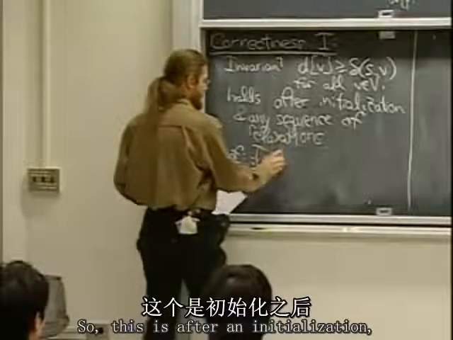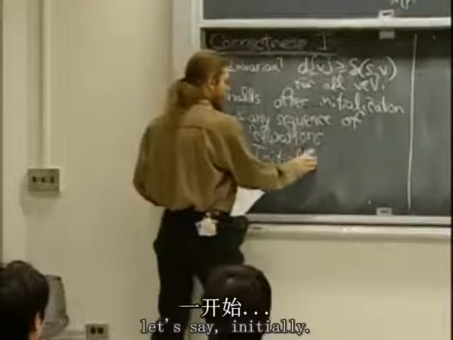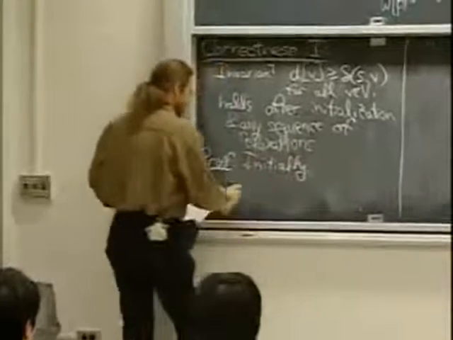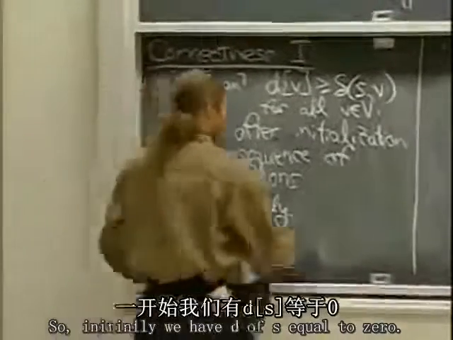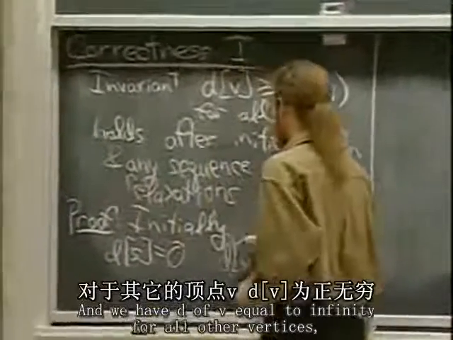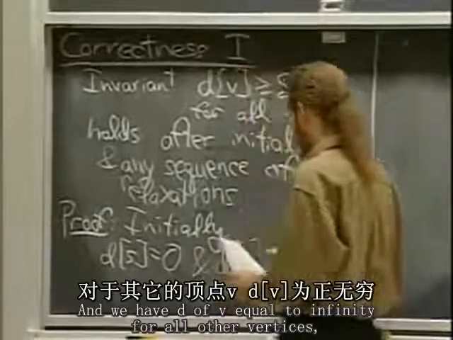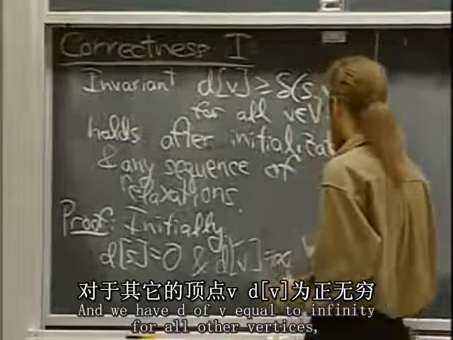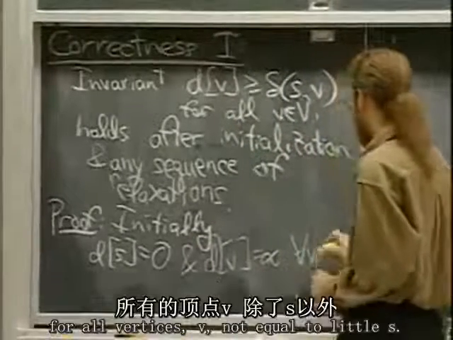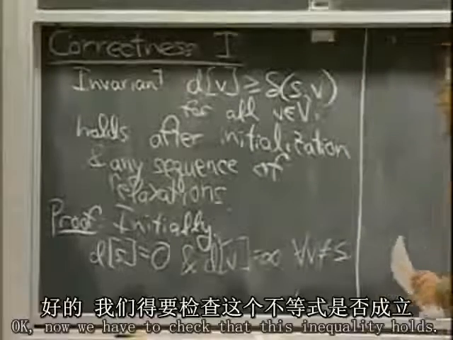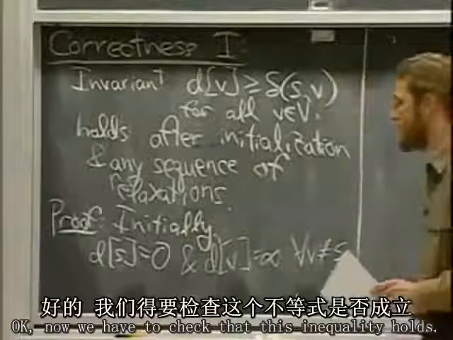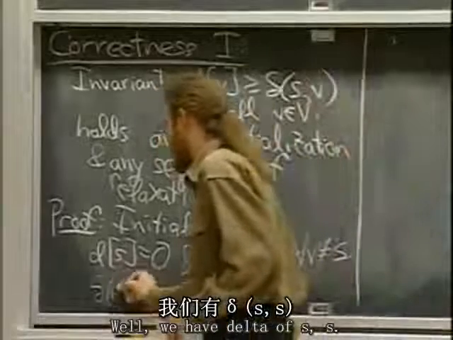So this is after initialization. So initially we have d of s equal to 0. And we have d of v equal to infinity for all vertices v not equal to s, little s. Okay? Now we have to check that this inequality holds. Well, we have delta of s comma s.